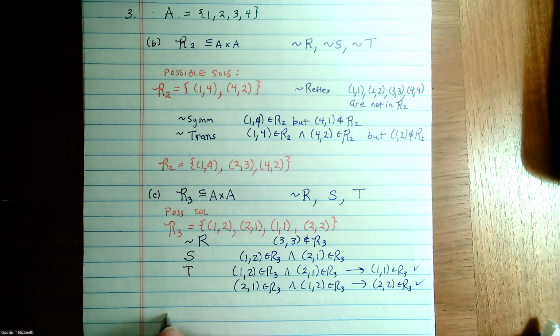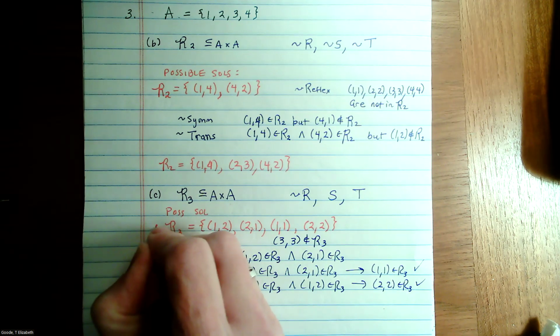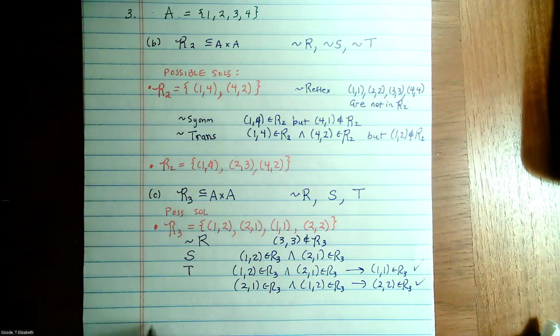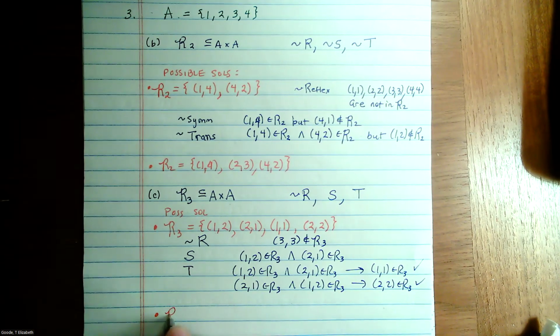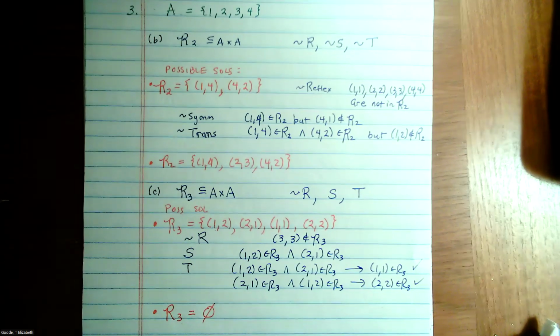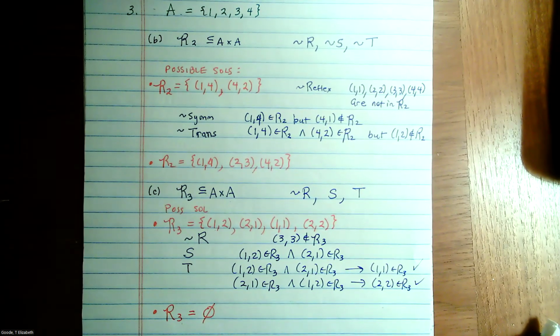I just want to point out there's another possible solution. The empty set is technically a subset of A cross A. It's got no ordered pairs, and it is symmetric and transitive by false hypothesis.